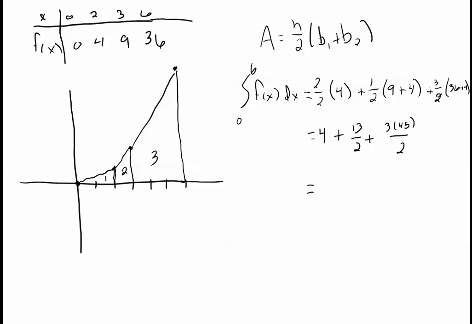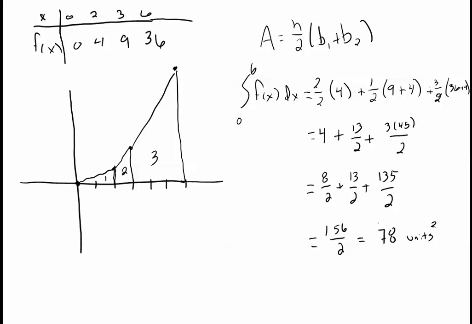And if we add these up, I'll get a common denominator, so this would be 8 over 2 plus 13 over 2 plus 135 over 2. So the approximation for my area is 8 plus 13 is 21, so 156 over 2, which reduces to 78 square units.